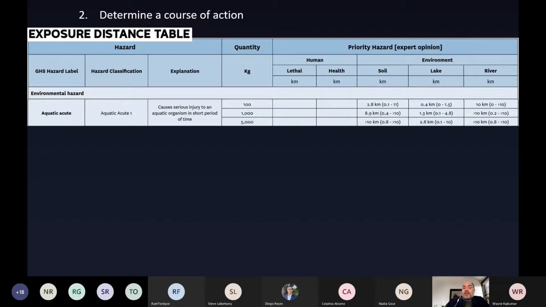What I would say is I have three quantities I need to address. So I have carbamate that has a hazard, which is aquatic acute.